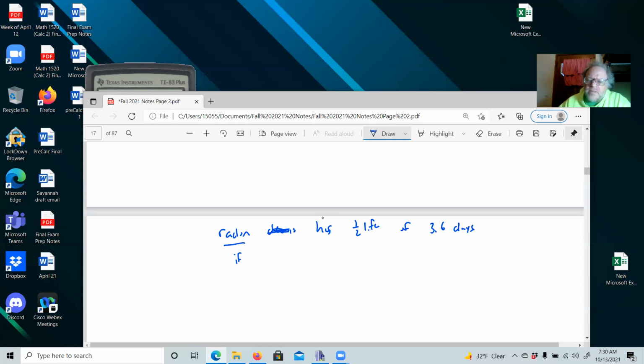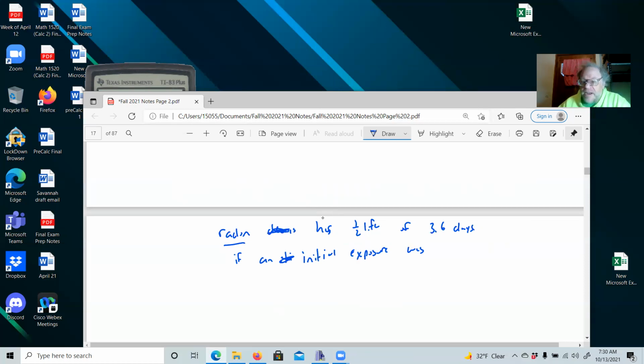Okay, so let's see here. If an initial exposure, say I need some amount of radon here. So I don't know how much radon seeps into your house. I don't know these values, so I'm making this up.